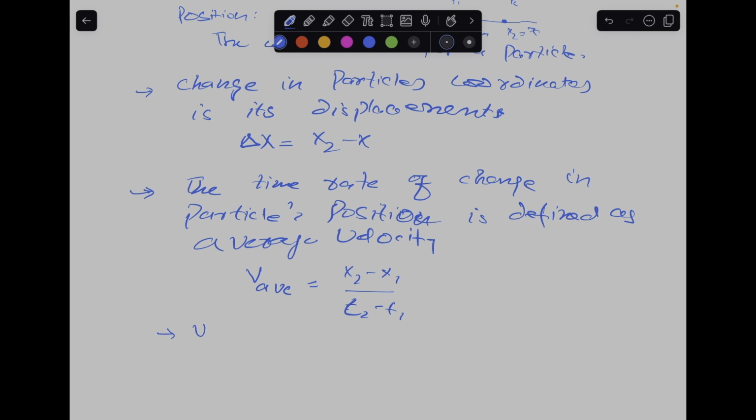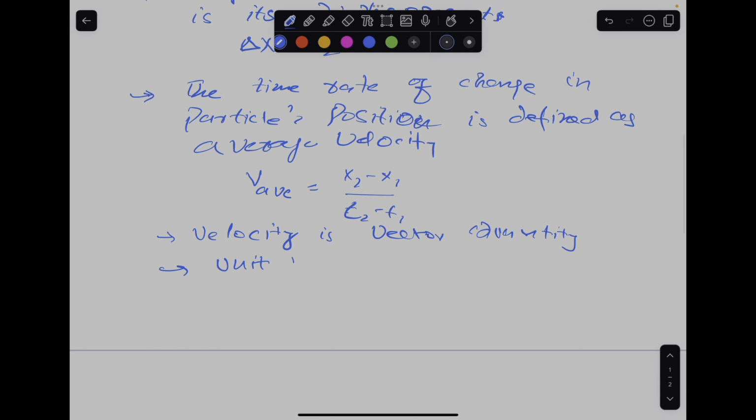So velocity is a vector quantity and it has unit meter per second.